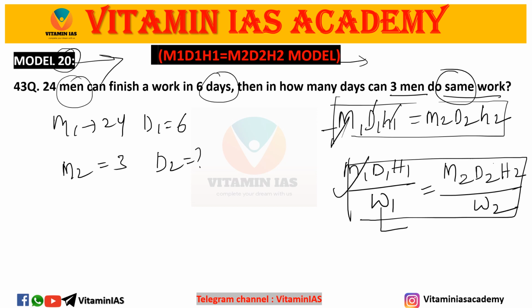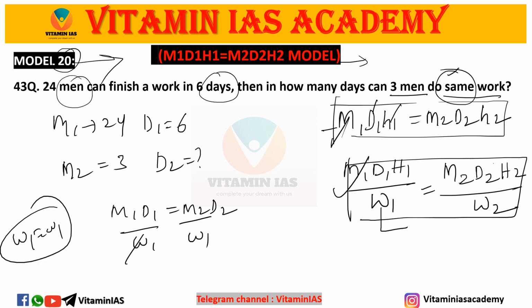So we have the formula M1 D1 is equal to M2 D2. I'm not adding H because it is not given, and not adding W because it says the same work, so W1 is equal to W2 and it gets cancelled. That's why I directly write M1 D1 is equal to M2 D2.